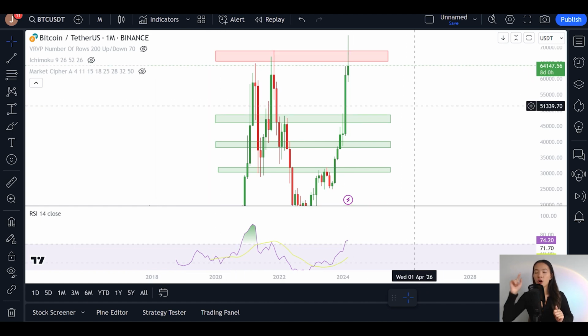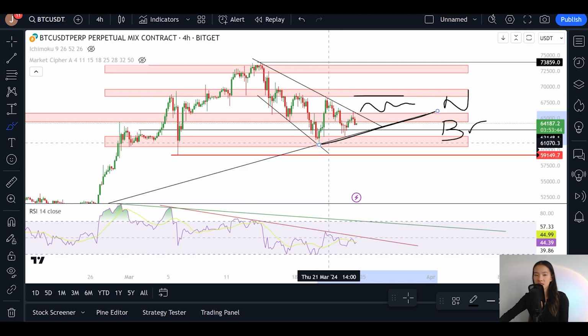Okay, so on that weekly chart, like I said, if we get that candle close below 65K, that red box, we're in trouble, right? So it really highly increases our likelihood of going downwards on the weekly chart to at least $60,000, that level of support on the short time frame, right?